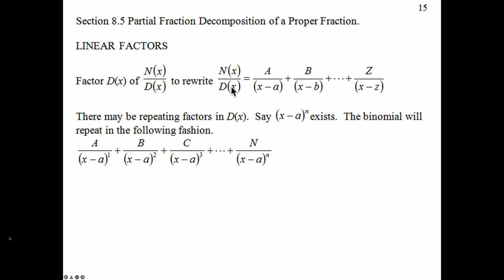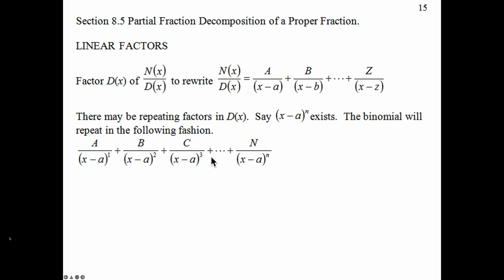Now, it is possible that your denominator has a binomial factor, say x minus a, that's raised to a power because it repeated. Well, if that happens, then the binomial has to have a fraction for each possible power that's an integer.